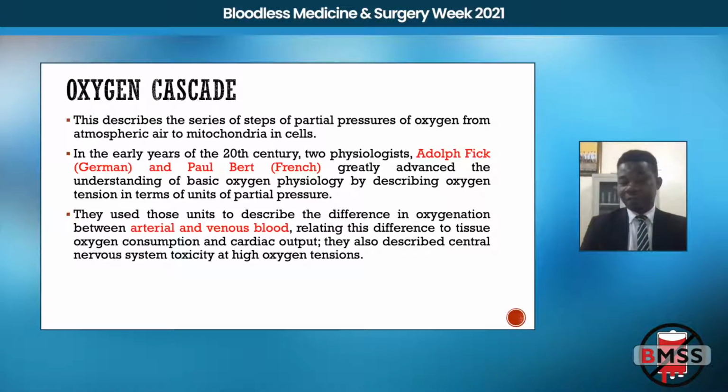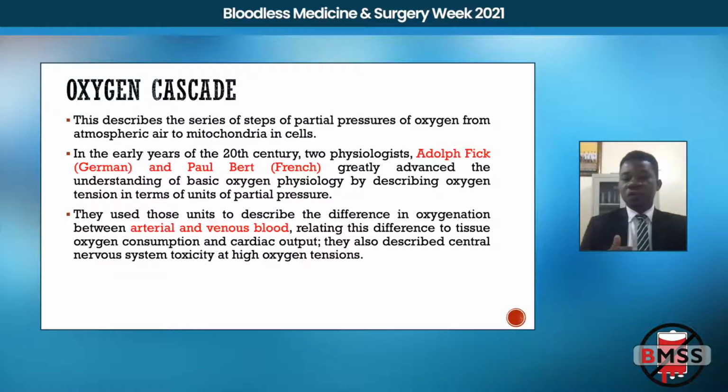In the early years of the 20th century, there were two physiologists, Adolf Fick and Paul Bert. They advanced this knowledge, helping us to understand that basic oxygen physiology is described in terms of oxygen tension.